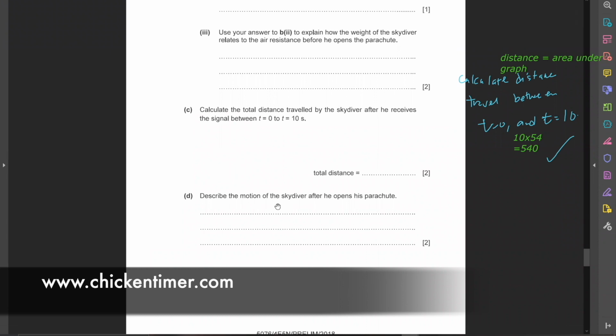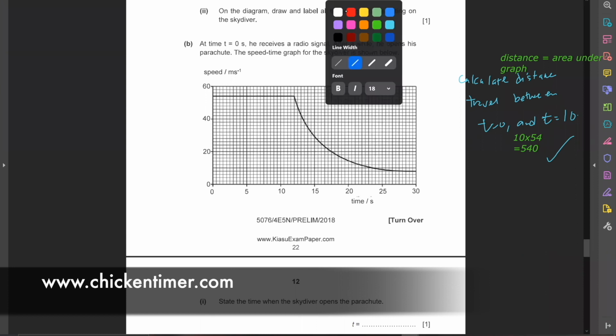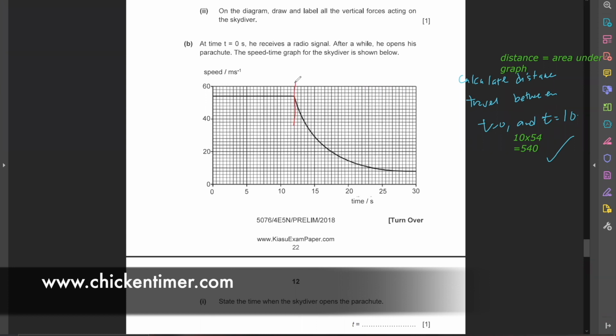Describe the motion of the skydiver after he opens the parachute. So you already know that open parachute is this line. So they say describe the motion here. Increasing acceleration. Why increasing acceleration? Increasing acceleration because it's going down.